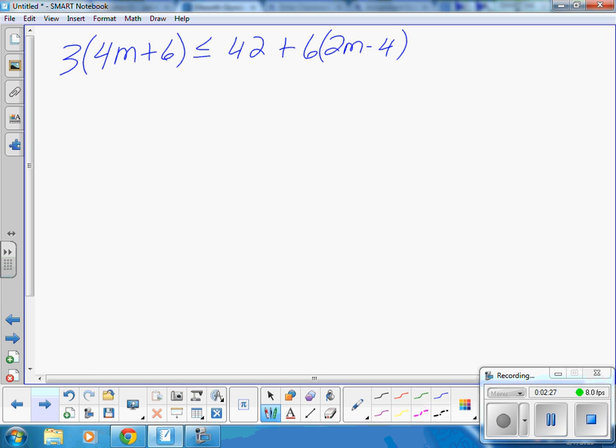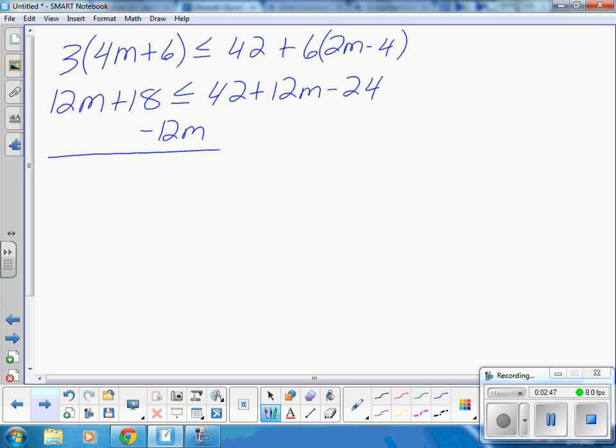Distributive property first. 12m plus 18 is less than or equal to 42 plus 12m minus 24. Okay, now when I subtract 12m from both sides, that is again going to eliminate my m term, but 18 is less than or equal to 42 minus 24, that is 18 is less than or equal to 18. That is true.